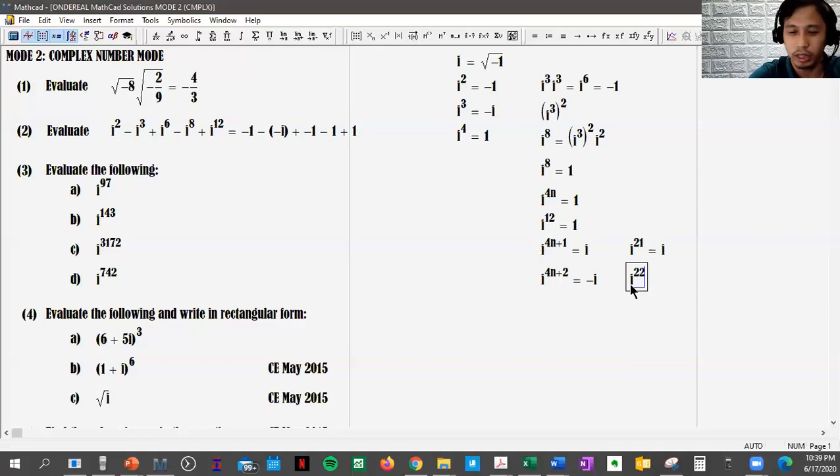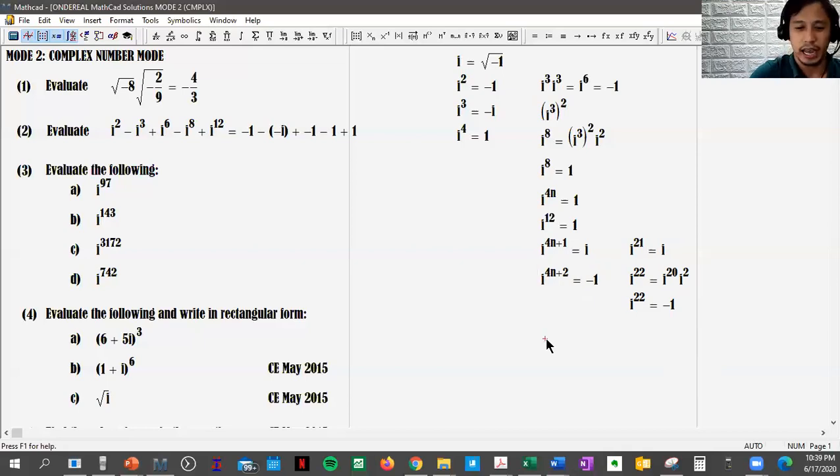We know that i raised to 22 is equal to i raised to 20 times i squared. No? And i raised to 20 is 1, because 20 is a multiple of 4, and i squared is equal to -1. So i raised to 22 is equal to -1. So ganun yung result. Okay? -1 pala ito, not -i, but -1.